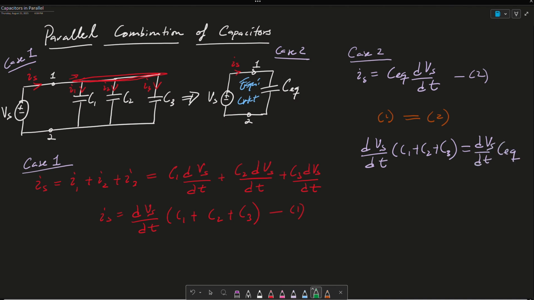As a result of this, dVs over dt cancels out this dVs over dt, and we're left with C equivalent is equal to C1 plus C2 plus C3.